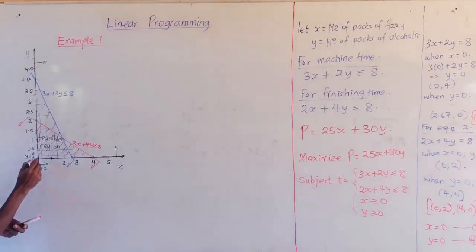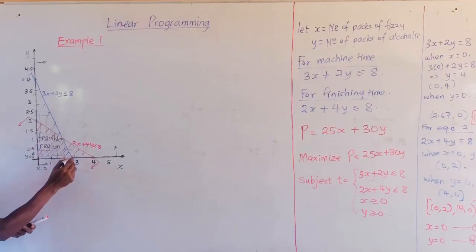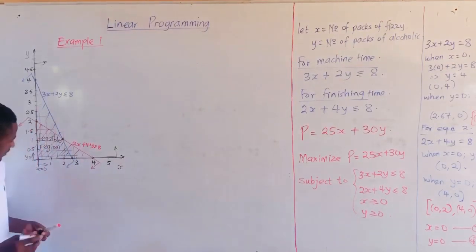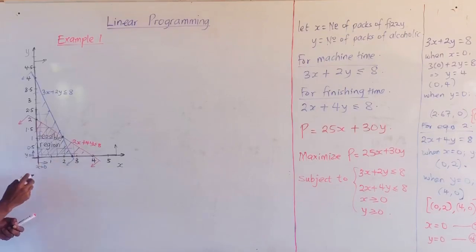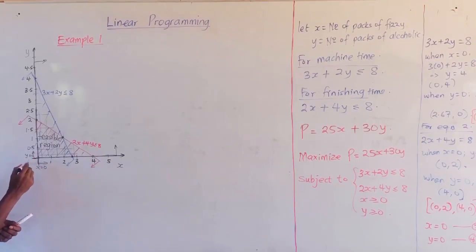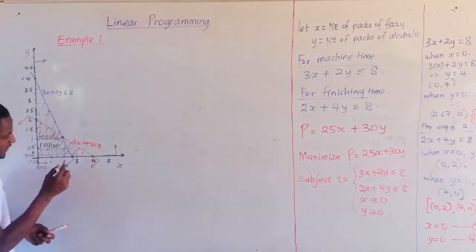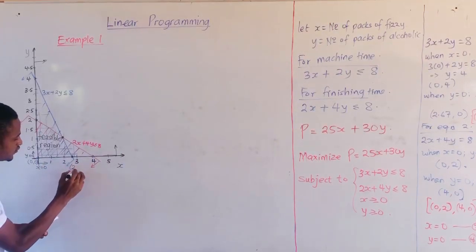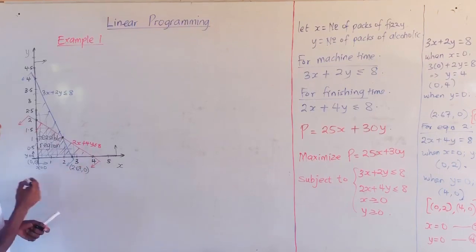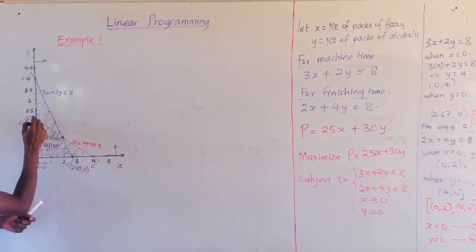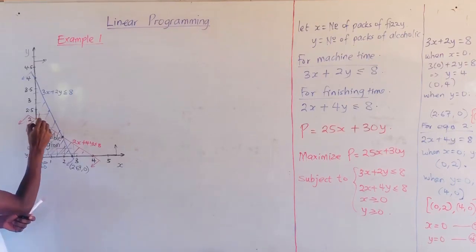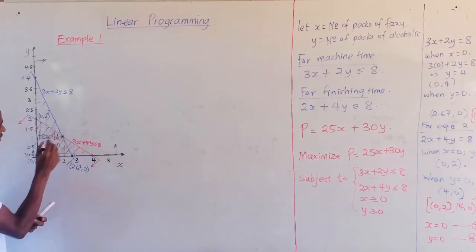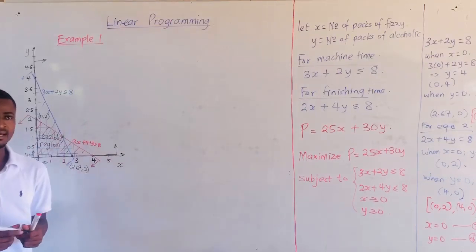And the corner points of this feasible region are these points. By inspection, we know that this point is (0, 0). This point is already one of our points, and it's (2.67, 0). This point is also (0, 2). Then these points can be obtained on a standard graph.